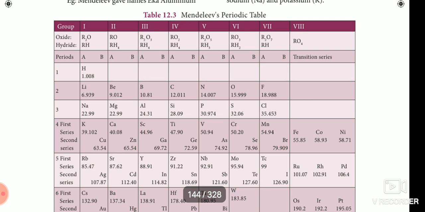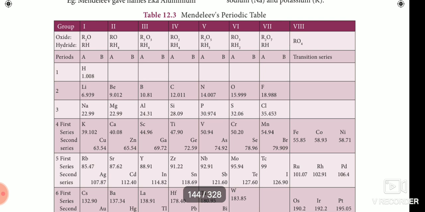In this table the metals and non-metals are arranged, and then the transition metals in the subgroup of B. Consider atomic mass number 14. Which element has atomic mass number 14? Yes, that element is nitrogen.